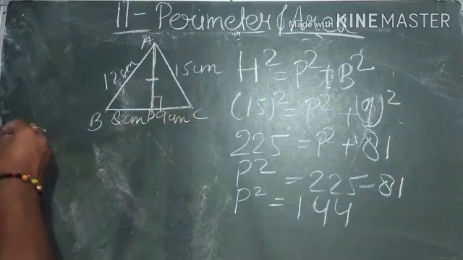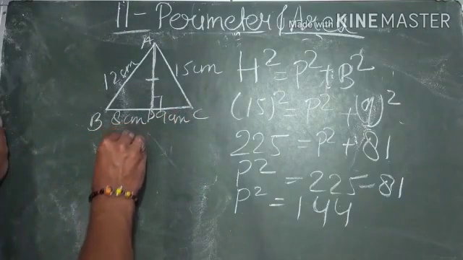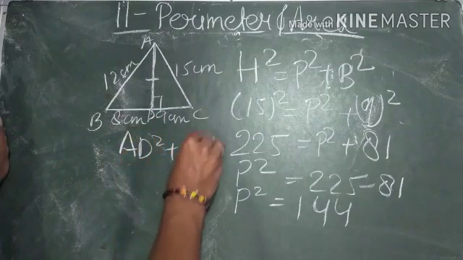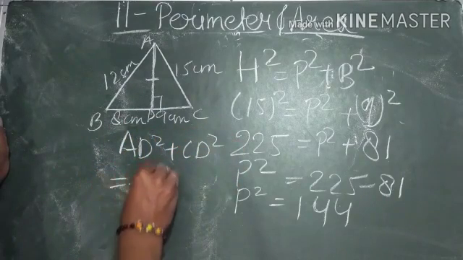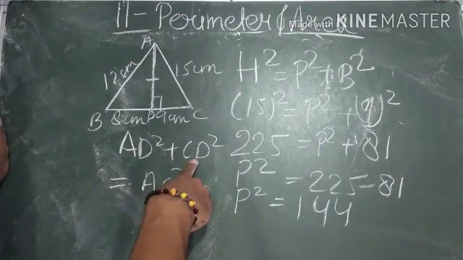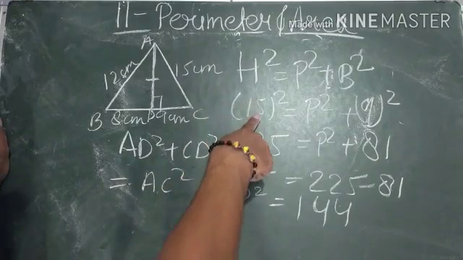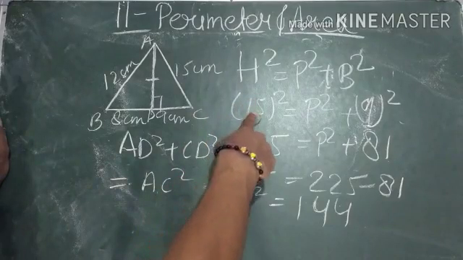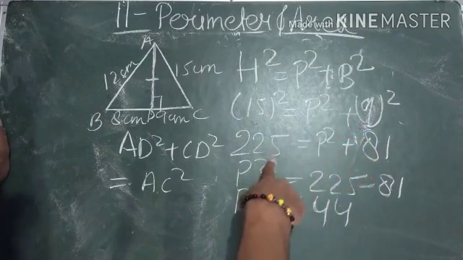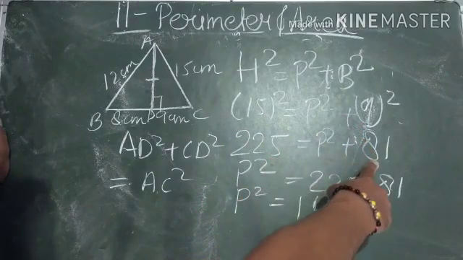So we can write AD square plus CD square is equal to AC square. As the hypotenuse is 15 centimeter, 15 square is equal to perpendicular square plus 9 square. So 15 square is 225 and 9 square is 81.